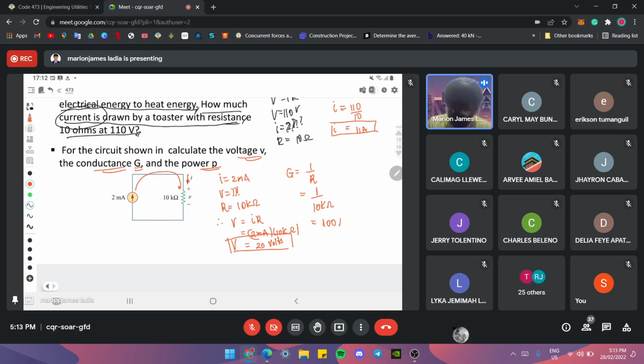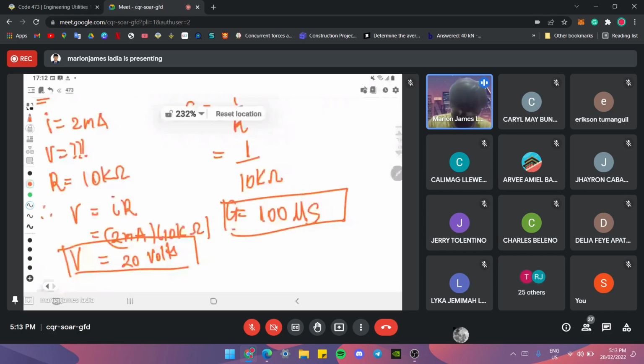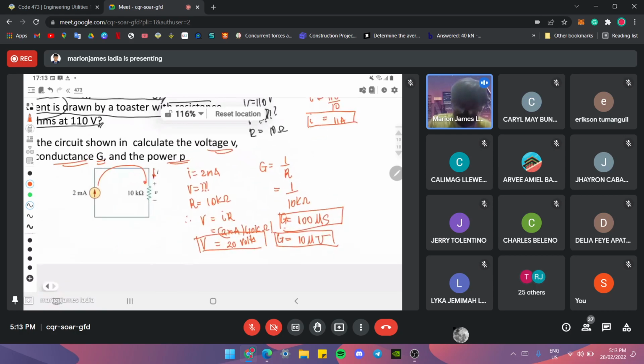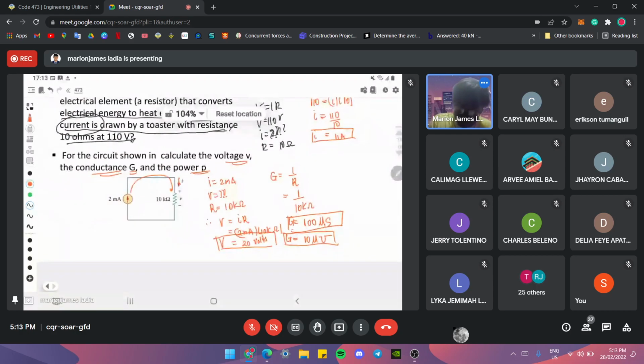So 100 micro-Siemens for my G. Or, pwede rin pag hindi kayo aware, pwede kasi isulat to as 100 micro mho. This is also our G.